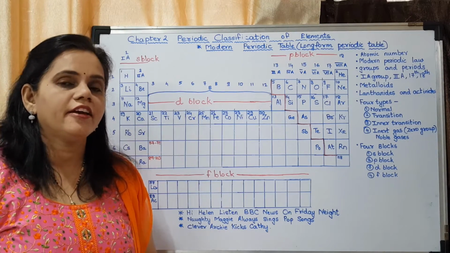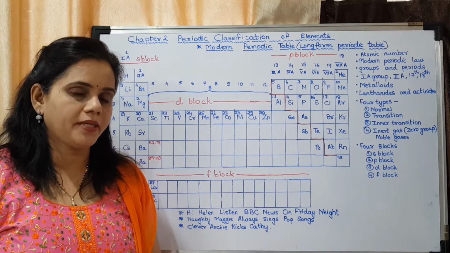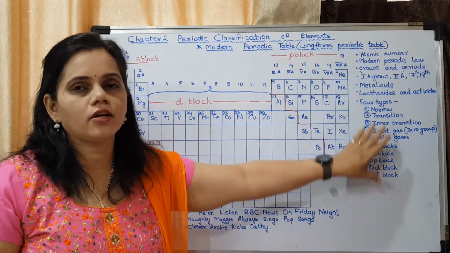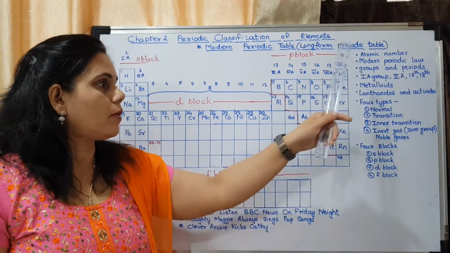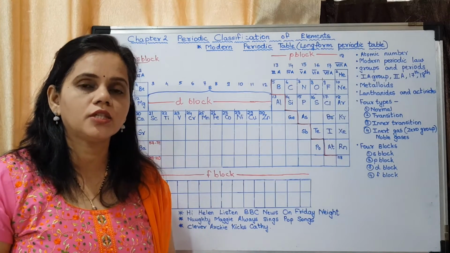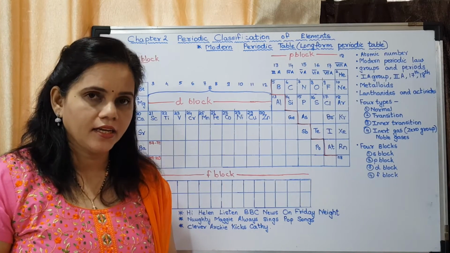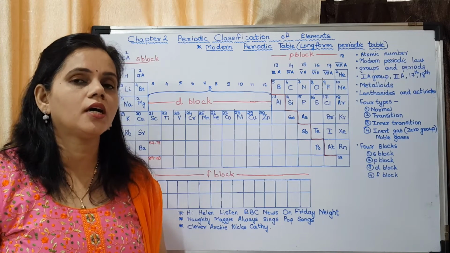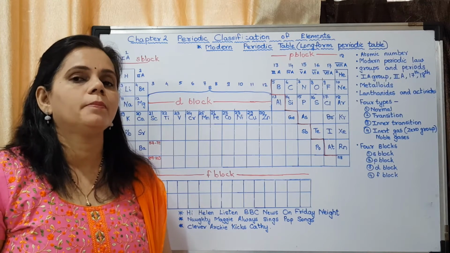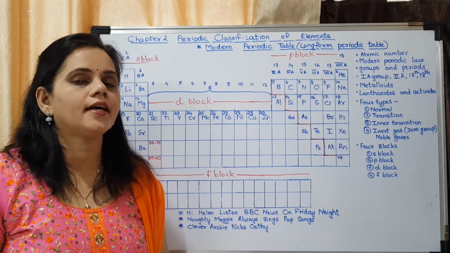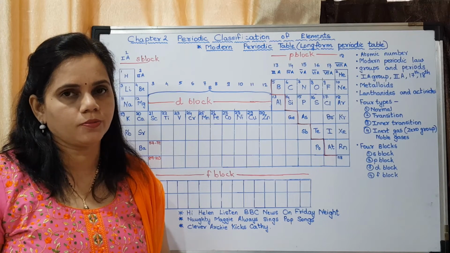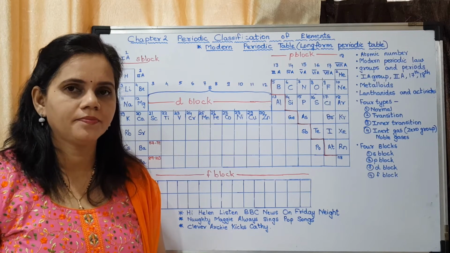I repeat, if you are having a question on the modern periodic table, you have to write all these points. You may copy down these points in your notebooks and learn accordingly. You are supposed to learn group 1, group 2, metalloids, group 17 and group 18 also.